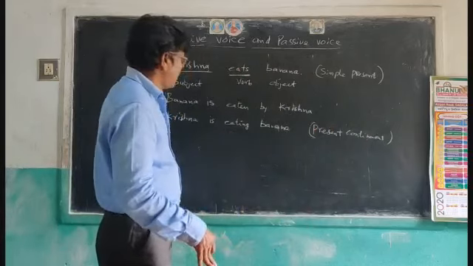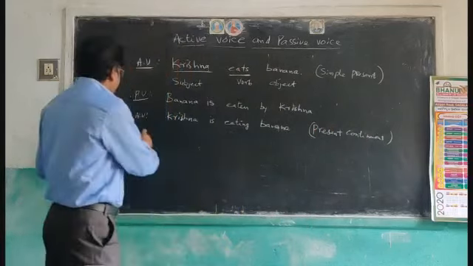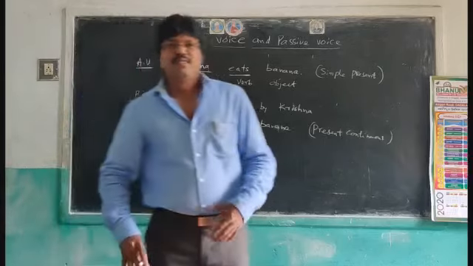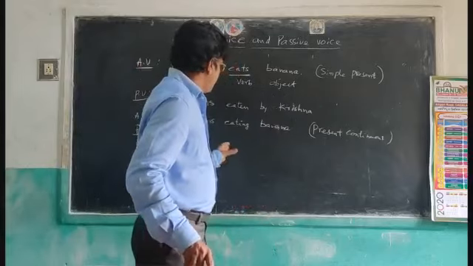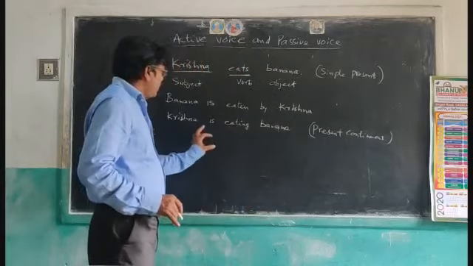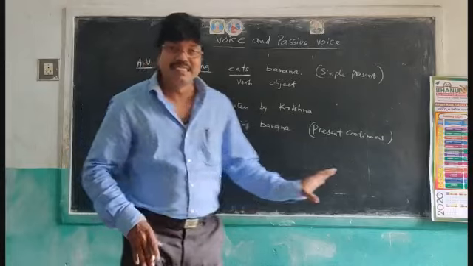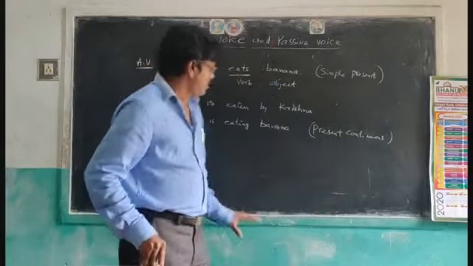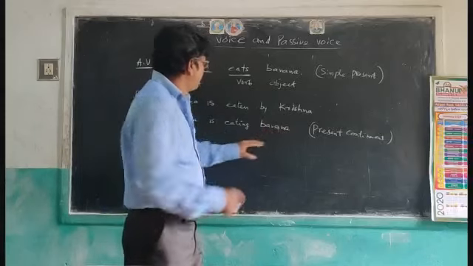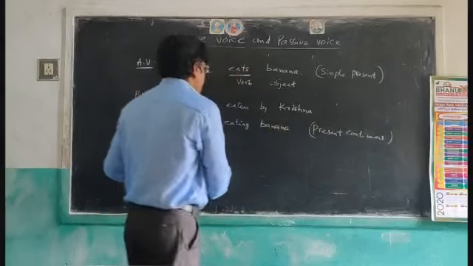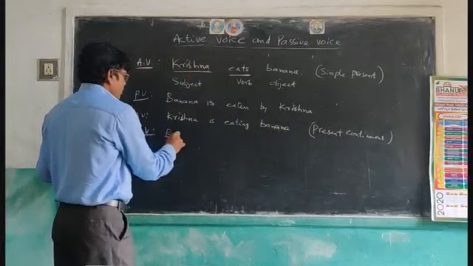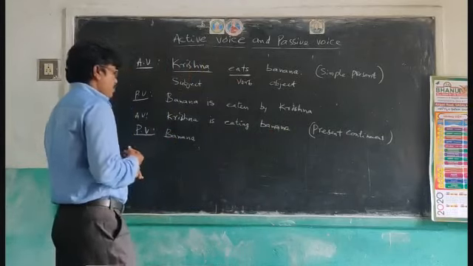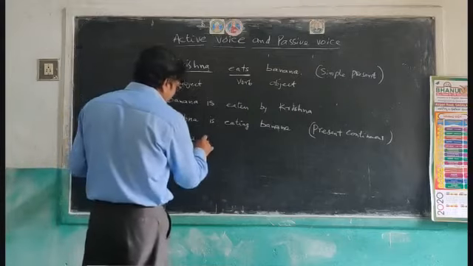Krishna is eating banana. We change it to passive voice. What is the main change? Identify the verb: is eating is the verb, the ing form, so continuous tense. Banana is the object. Banana singular is.